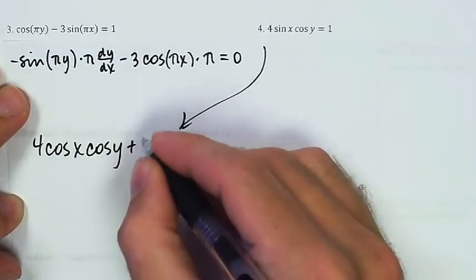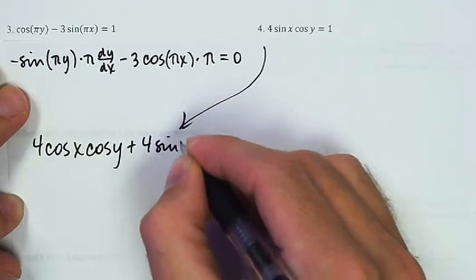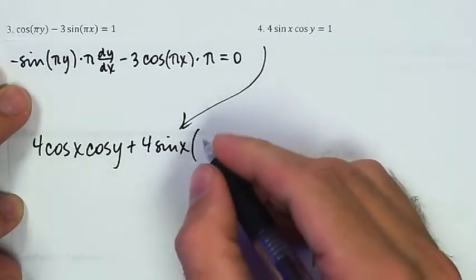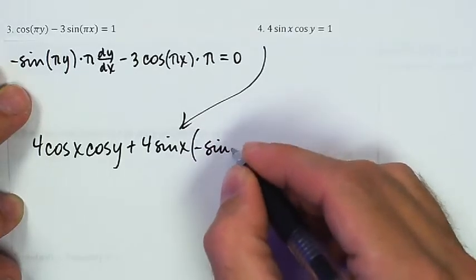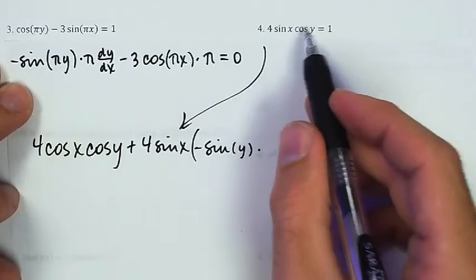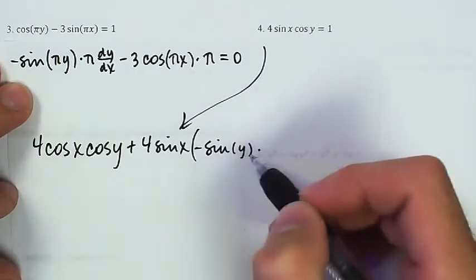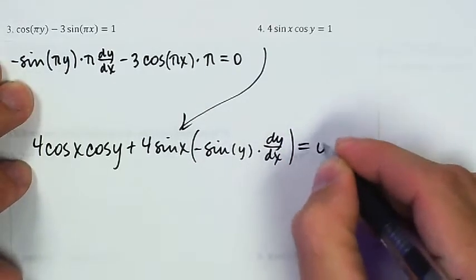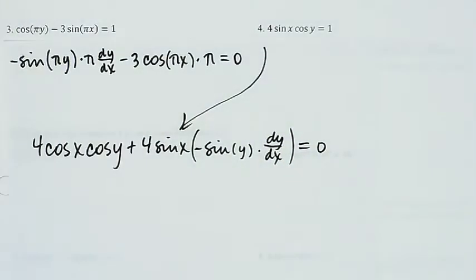Then add in, leaving 4 sine x the same, taking the derivative of cosine y. The derivative of cosine of a thing is negative sine of that thing multiplied by the derivative of that thing. So the derivative of cosine y is negative sine y dy/dx. And the derivative of 1 is still 0.